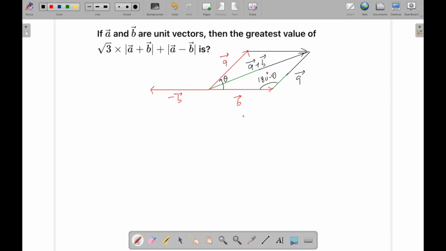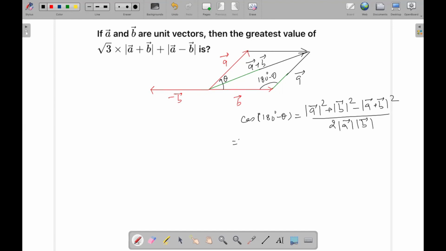I know that cos of 180 degrees minus theta would be, taking this as a triangle, magnitude of A squared plus magnitude of B squared, minus magnitude of A plus B whole squared, upon 2 times magnitude of A and magnitude of B.